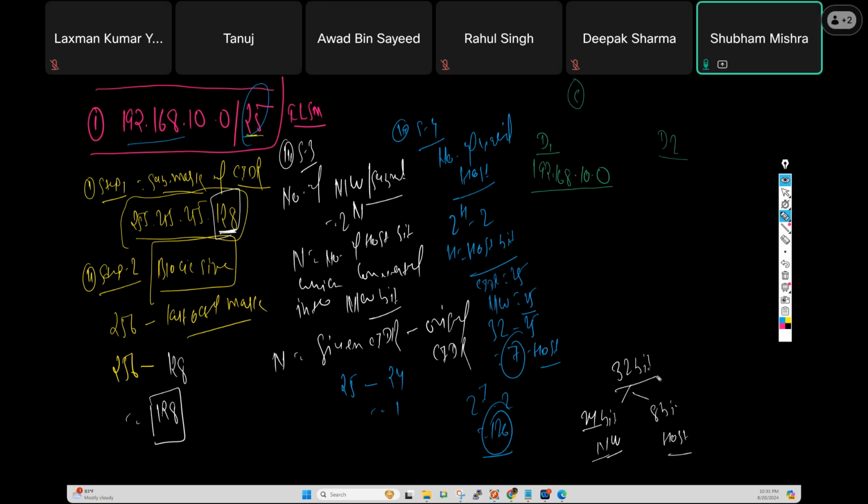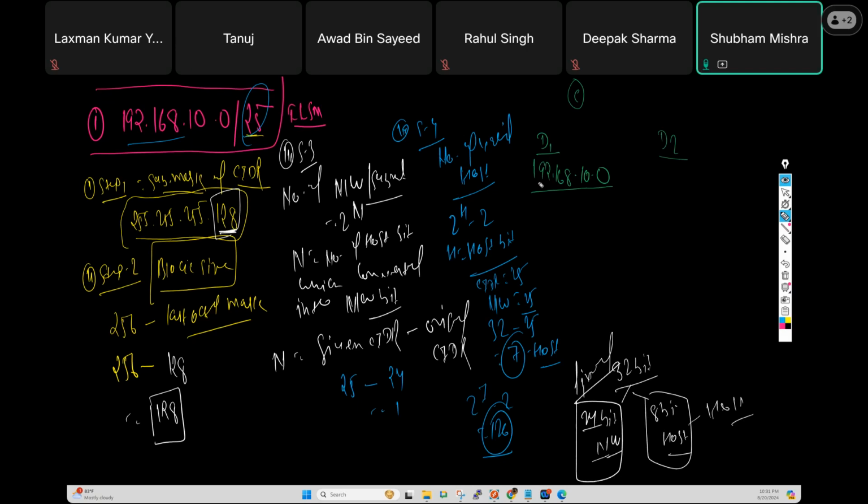You know these things, everyone? So this network bit is fixed. You can make any modification in the host bit, but in the network bit, you can't do any modification.